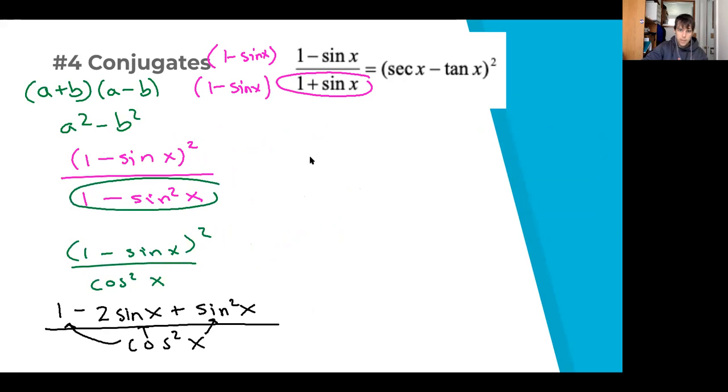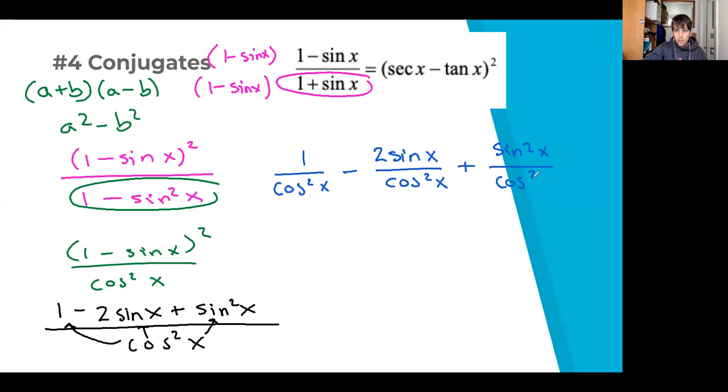So now I've got 1 divided by cosine squared x. Minus 2 sine x over cosine squared x, plus sine squared x over cosine squared x.